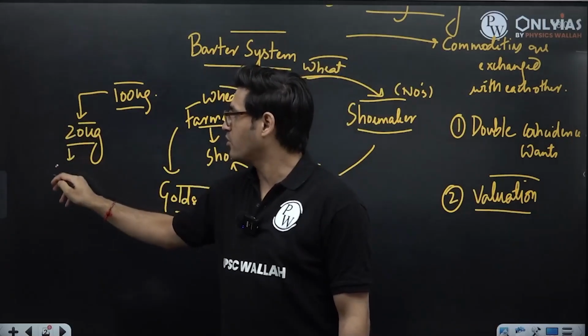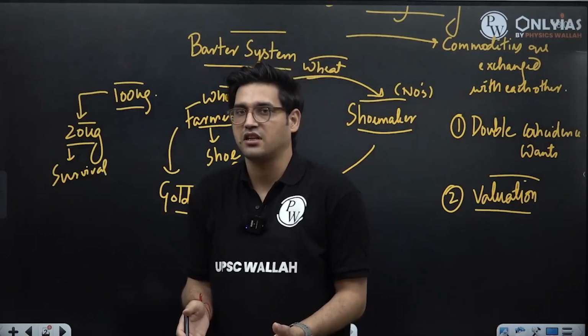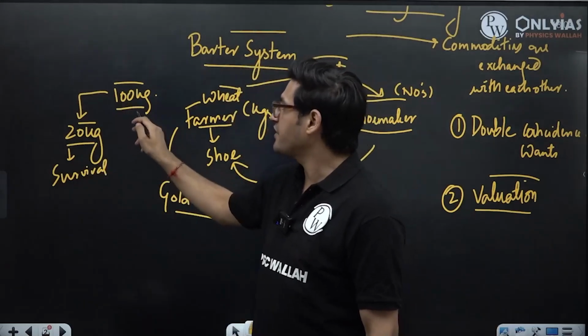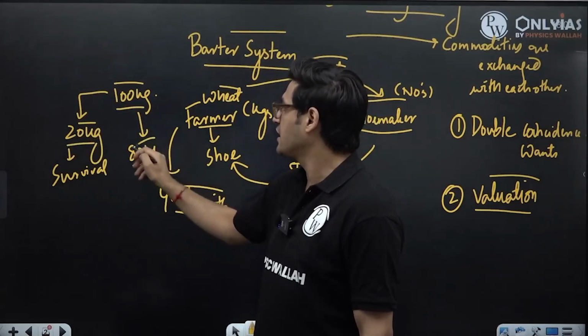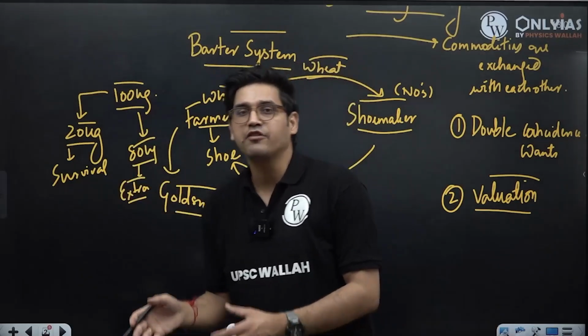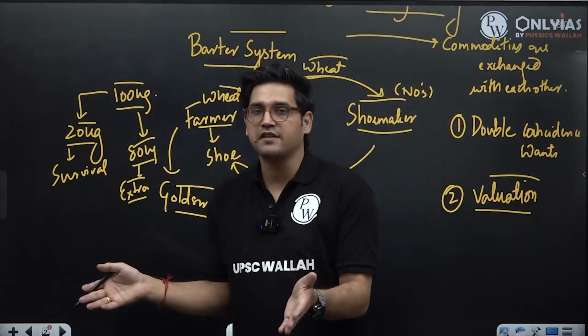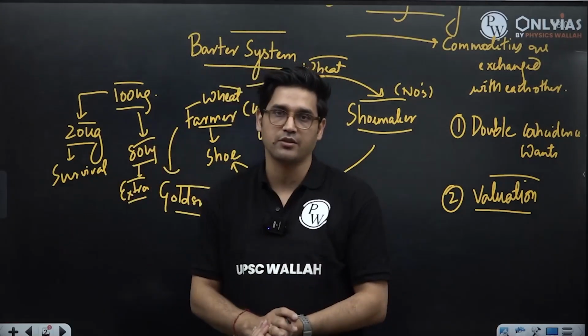This is for my own survival, which is what is in economics also called sustenance. The remaining wheat, 100 minus 20 kgs, that means this 80 kg is something extra. And I can give either entirely this 80 kg or a part of this 80 kg in exchange for other things that I will require.